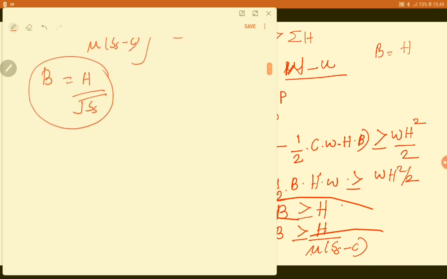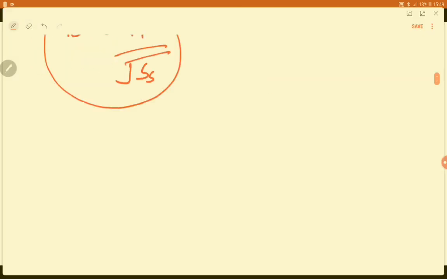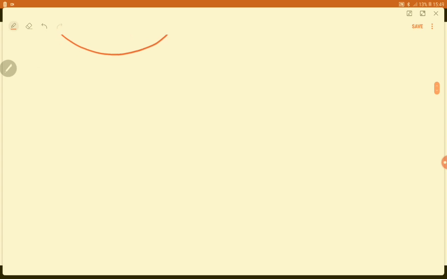Now consider the case where we can see the vertical stresses. We will find out the vertical stresses that act in this case. In the earlier case also we found out the vertical stresses in the case of dam empty, and we found that P max is equal to 2W by B. Here we are going to find the dam reservoir full condition.